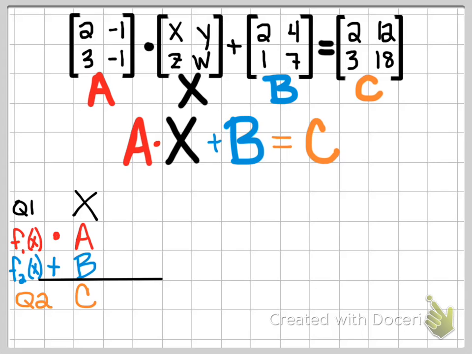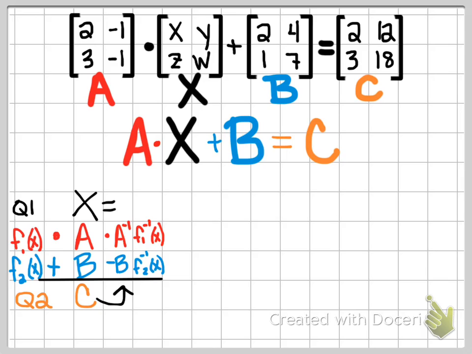So I'm going to behave the same way. I'm going to first take my inverse function of B. If I add B, I can take B away, and what it's going to give me is the additive identity. And similarly, for multiplying by A, I'm going to multiply by the inverse of A.